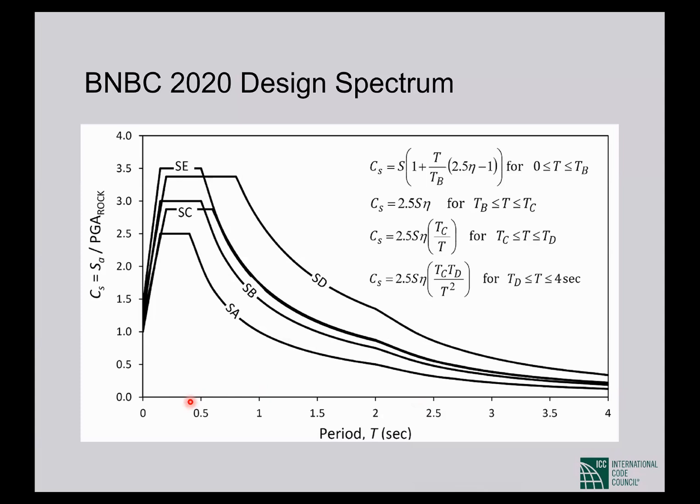So if we know the period of our building, and if we know the site class, then we can calculate the acceleration. Okay. So using this, multiplied by the PGA rock, that is another thing.